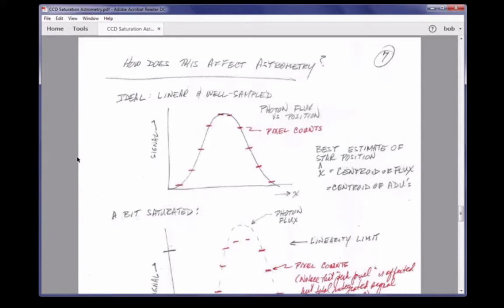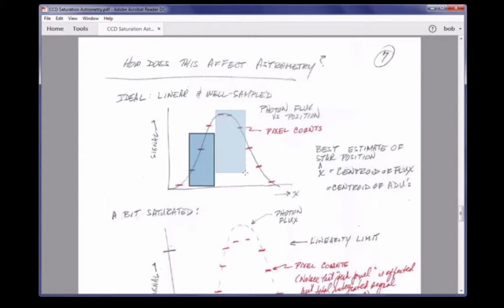Unfortunately, what happens, especially in images where the star images are really small on your LCO GT, you know, their full width half max is only 1.5 or 2 pixels, and so what that means is you may get, here's a pixel here, collects that light.